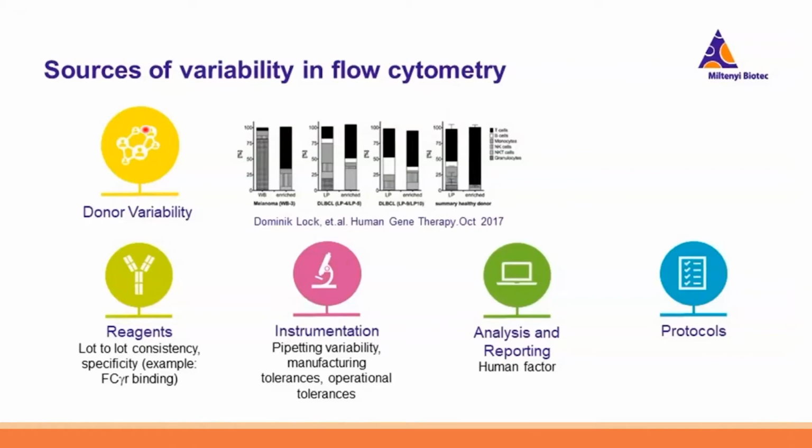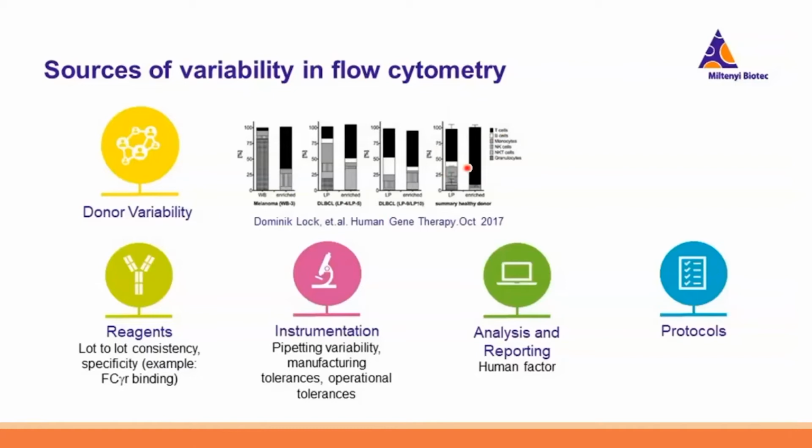This can be dependent on environmental or genetic factors. For example, this study showed different percentages of immune cells in different samples based on the donor, which is obviously a common source of variability and very difficult to handle.